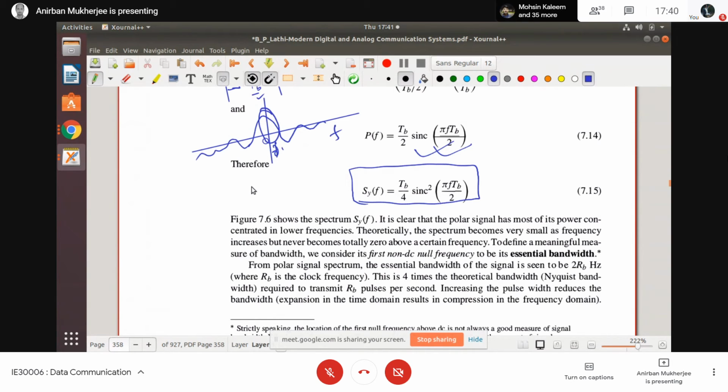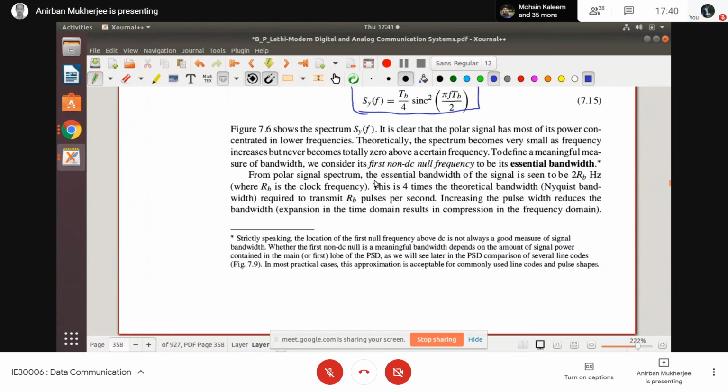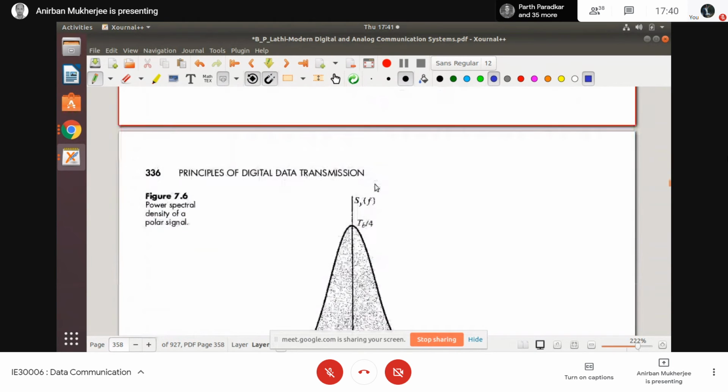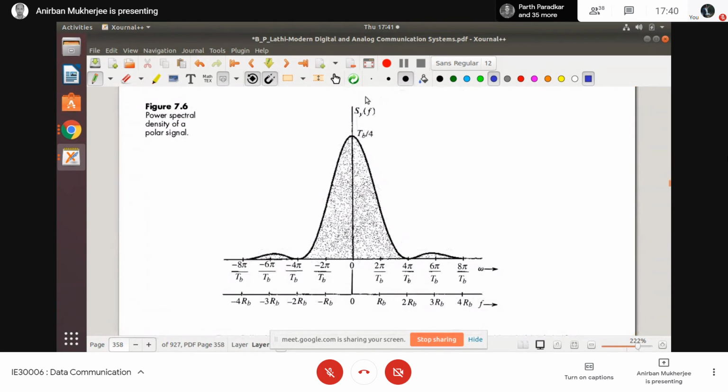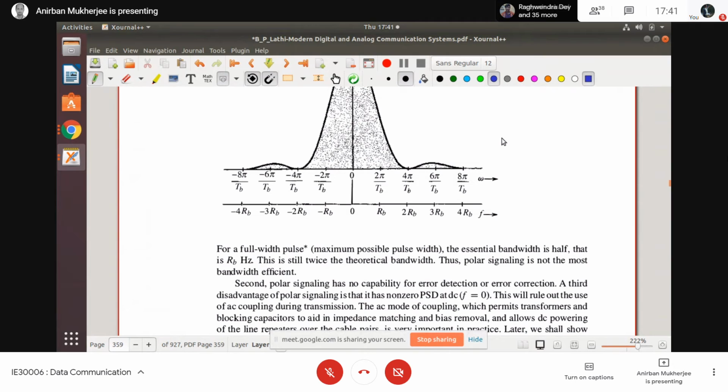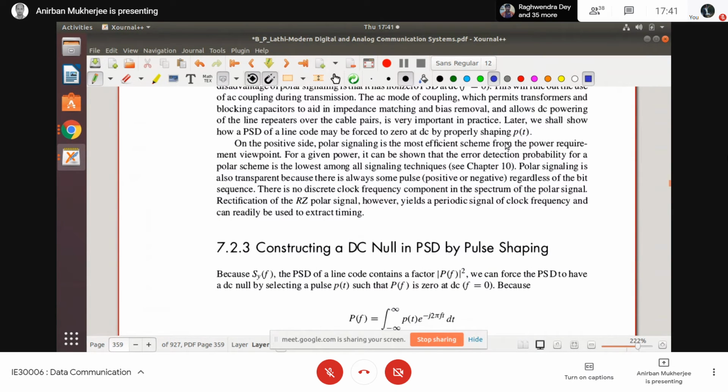So what is my essential bandwidth? In this zone, a lot of energy is present, which we don't like, because the coupling is difficult. This is the problem of a polar signal.